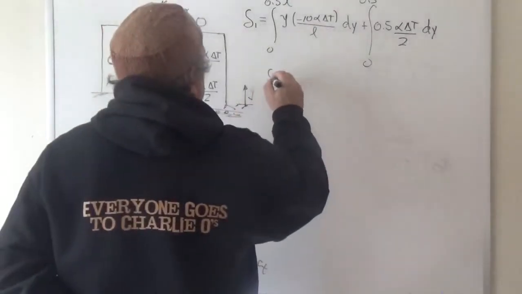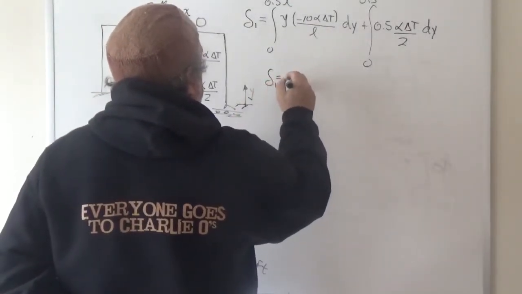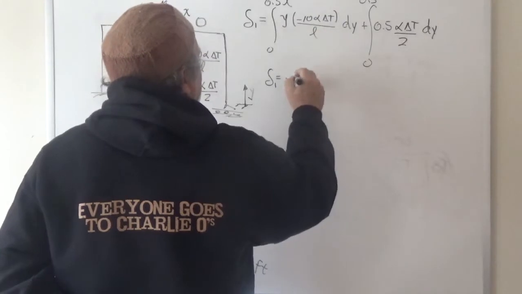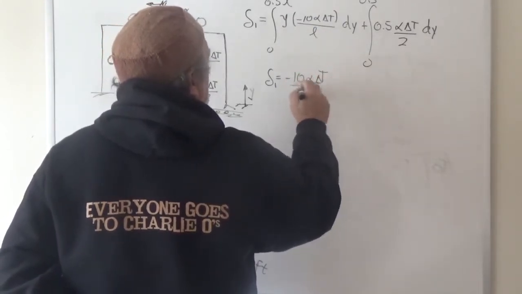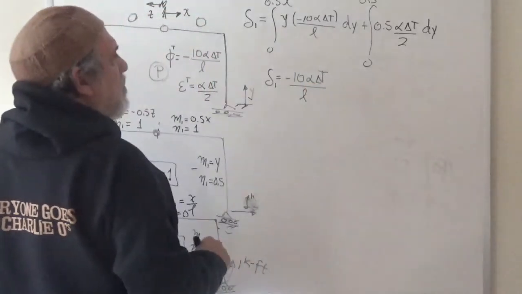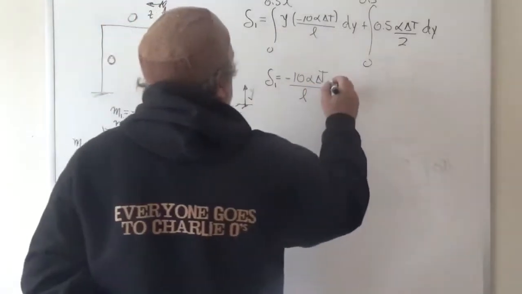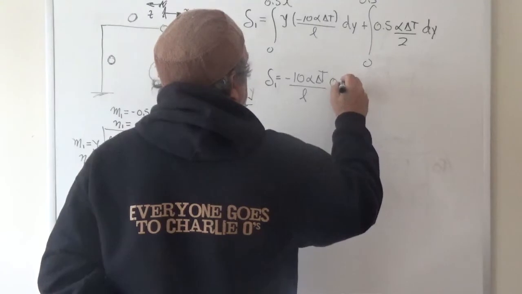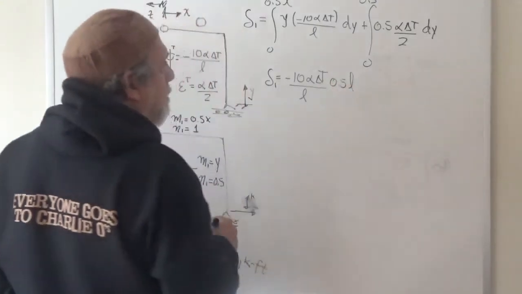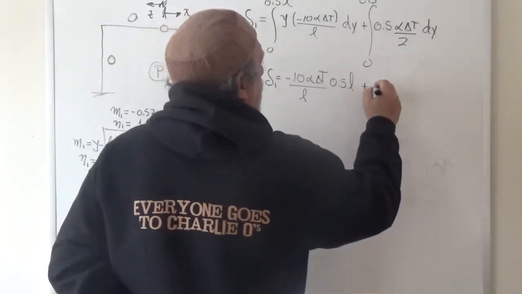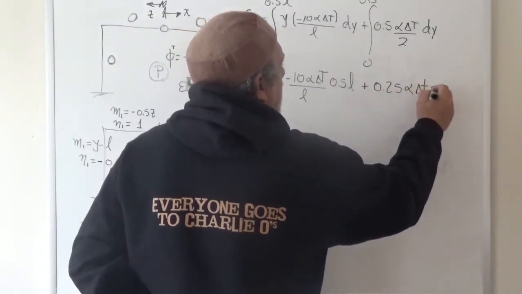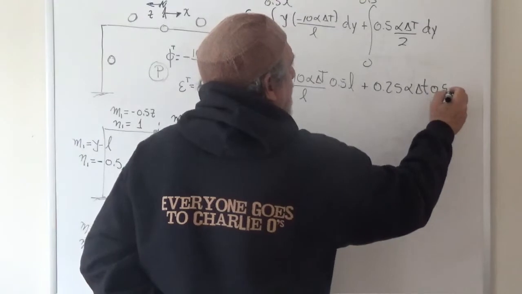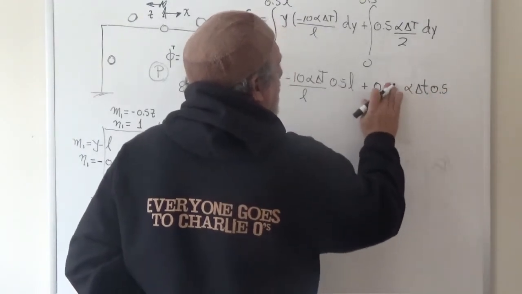So delta 1 is minus 10 alpha delta T over L, and the integral of dy is y from 0 to 0.5 L is 0.5 L, plus 0.25 alpha delta T times 0.5. Why did I put 0.25?